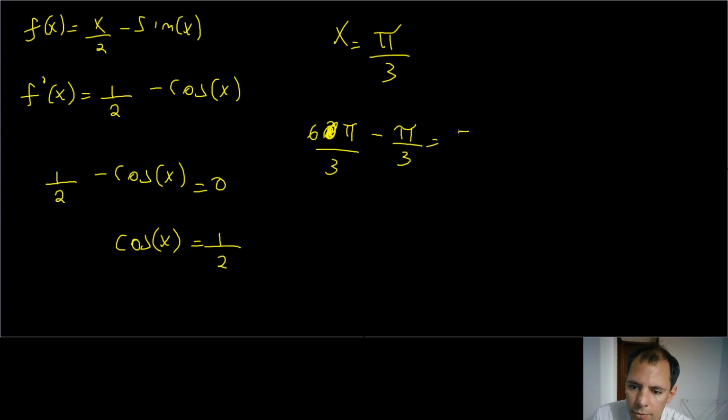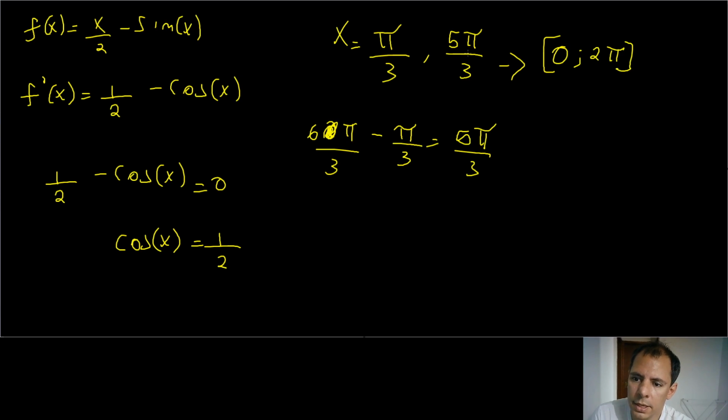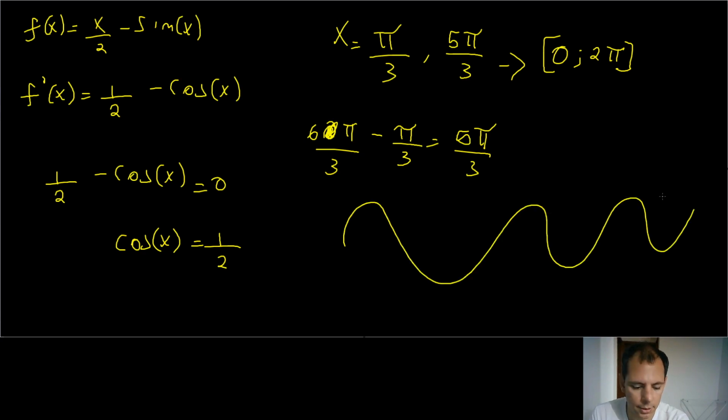So it becomes 5 pi divided by 3, 5 pi divided by 3. Okay, so between 0 and 2 pi, within this interval, only these 2 points here are going to be the critical ones.